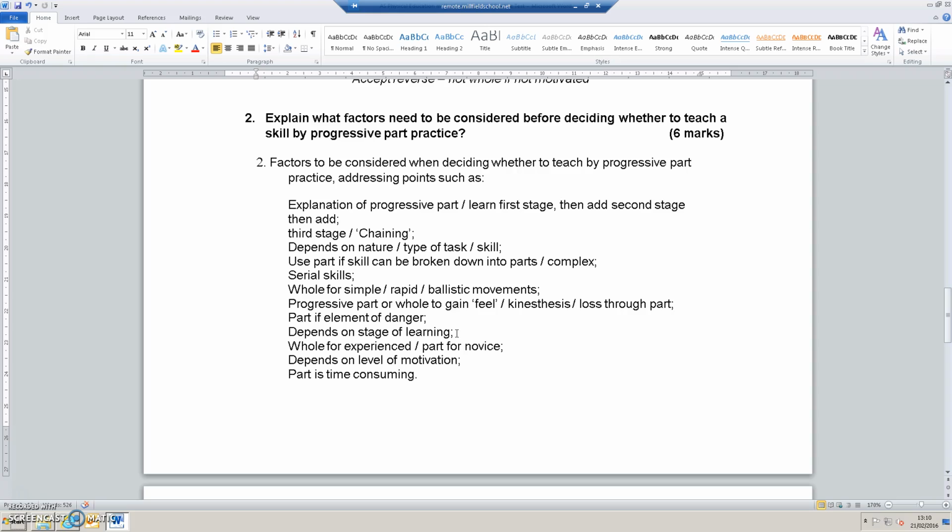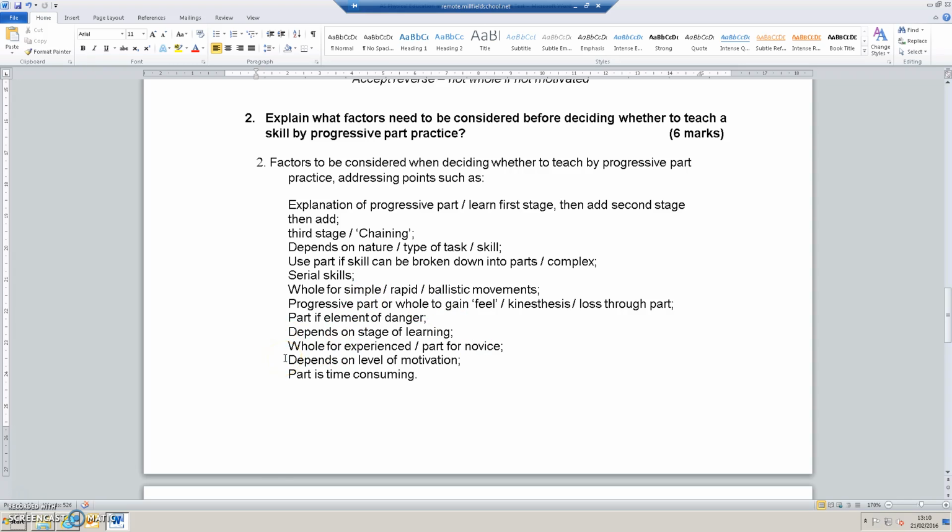As we've said before, age does not necessarily indicate their stage or their experience of learning. So let's make sure we use the stage of learning. We might say that the more experienced they are as a performer, the more we might encourage them to practice the skill as a whole, rather than part progressive for the novice or the learner who's trying to develop their understanding of what's required in order to complete the skill or learn the skill.